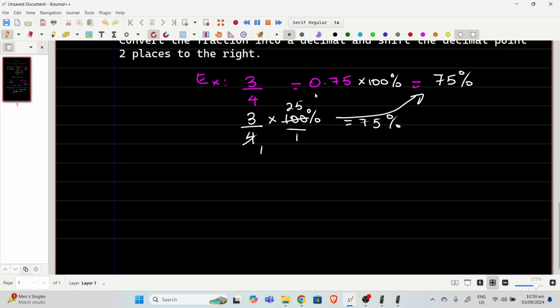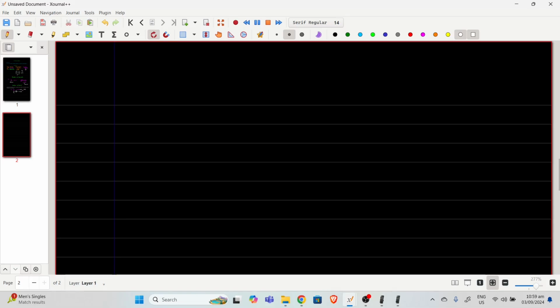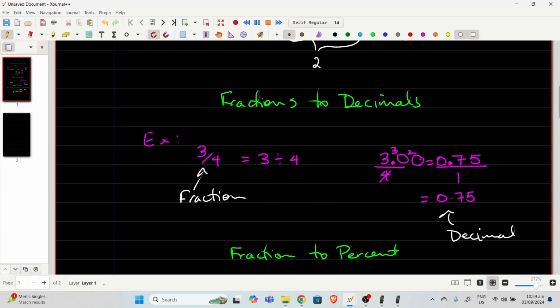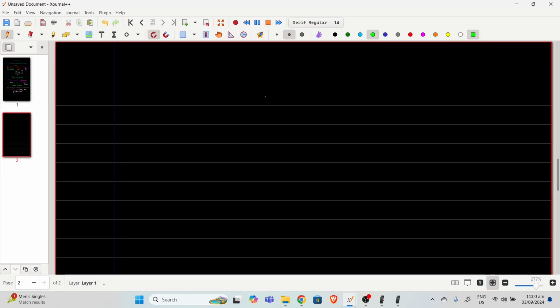All right. Next thing we have to do is we have to be able to convert what? So I did fractions to decimals, I did fraction to percentage. Now I need to do decimals to fractions. Let's do decimal to fractions.